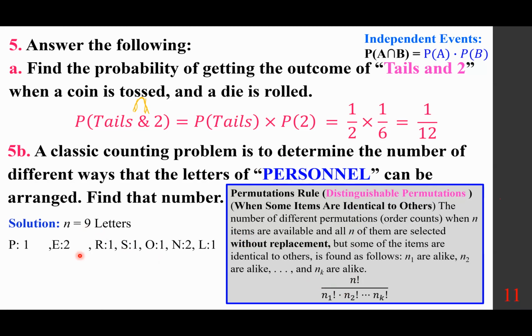P is 1, E is 2, R is 1, S is 1, and so on and so forth. So according to this formula, this is what we get. And by the way, 1 factorial is 1, 2 factorial is 2. So the denominator is 4, and you plug it into a calculator, and you get 90,720 as the final answer.